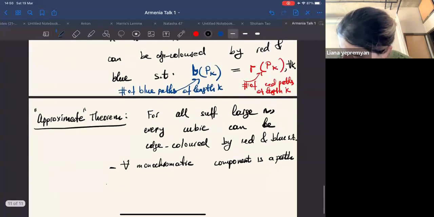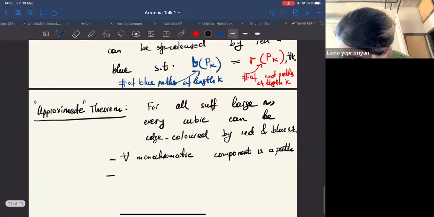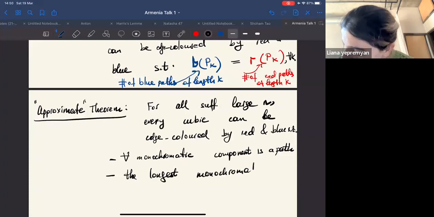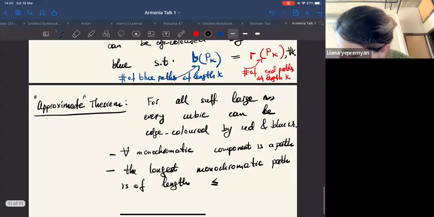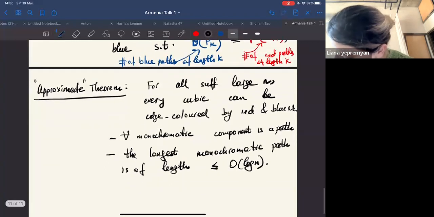Second says that the longest monochromatic path is of length at most O(log n), so some constant times log n.